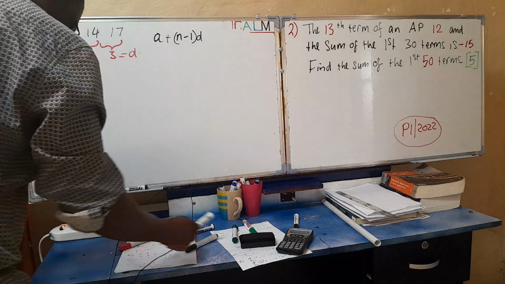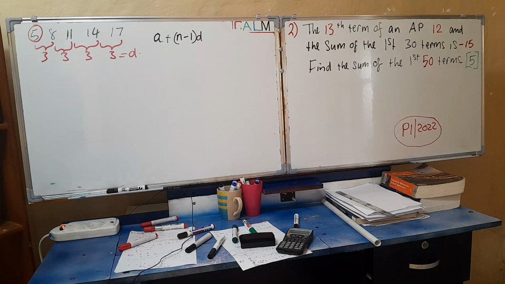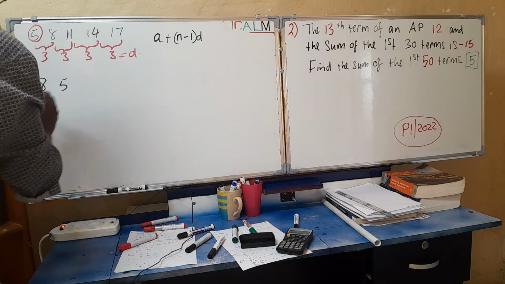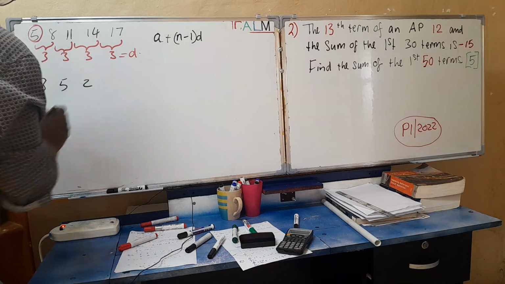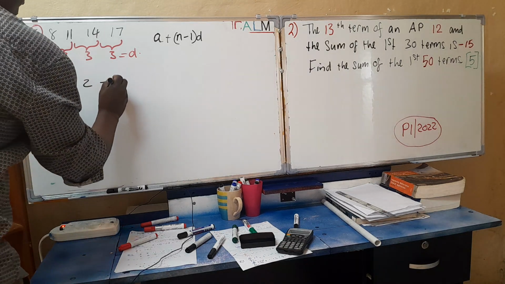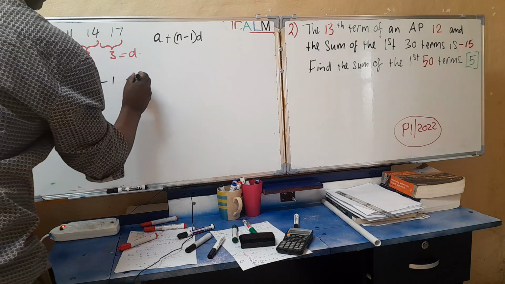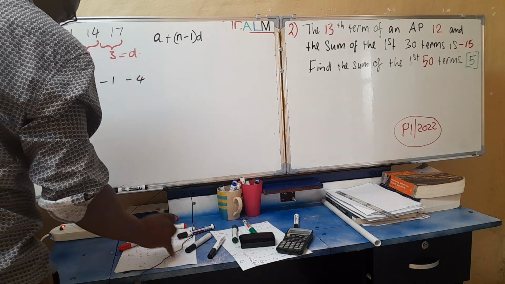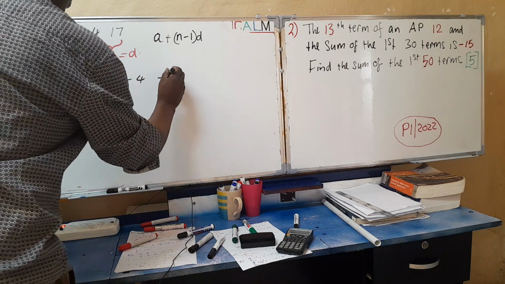Now, another one that we can have is 8, 5, 2, minus 1, minus 4, minus 7.